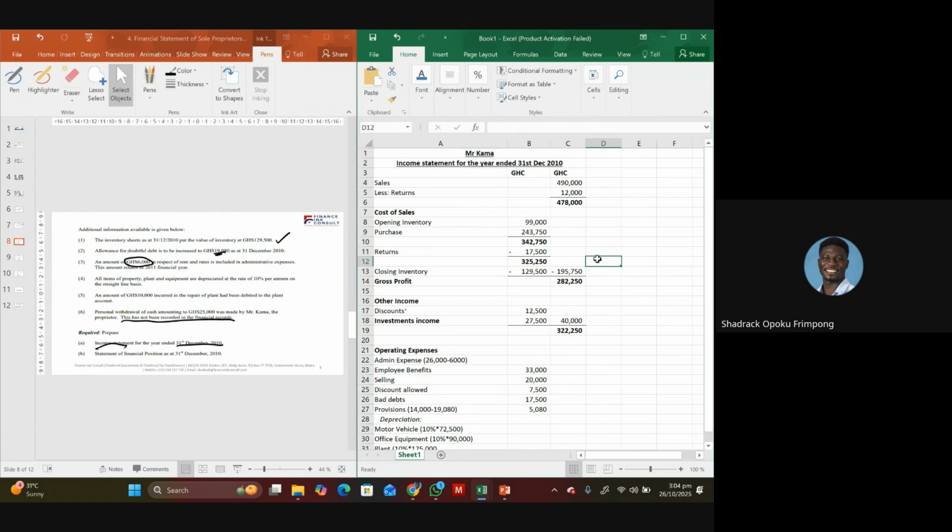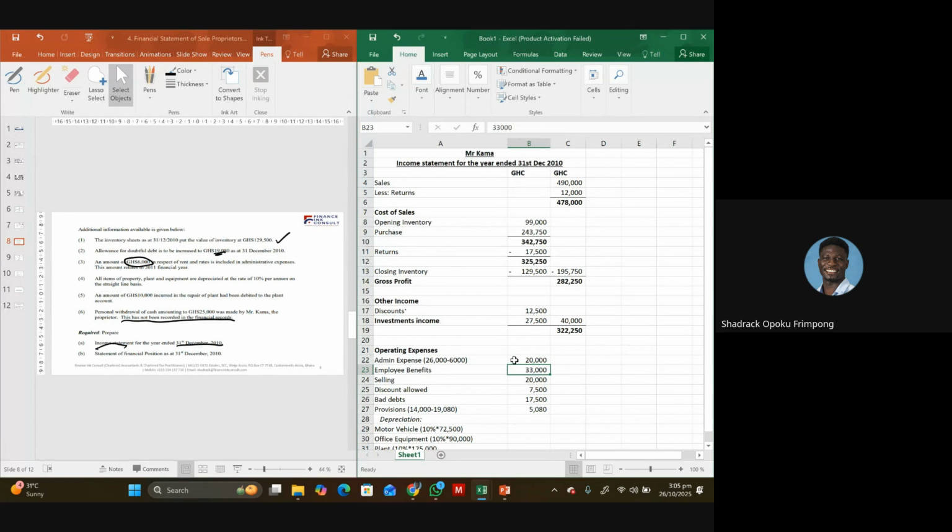Now, this transaction is an expense that relates to 2011, not 2010. So we have to take it off for the purposes of determining profit. So we have 26,123 minus 6,000, giving us 20,000, sorry. 20,000. Any question?